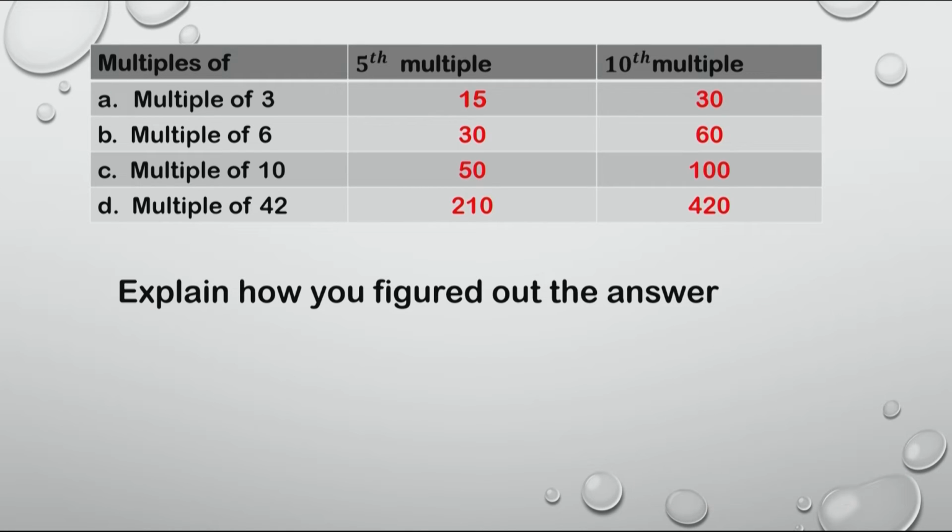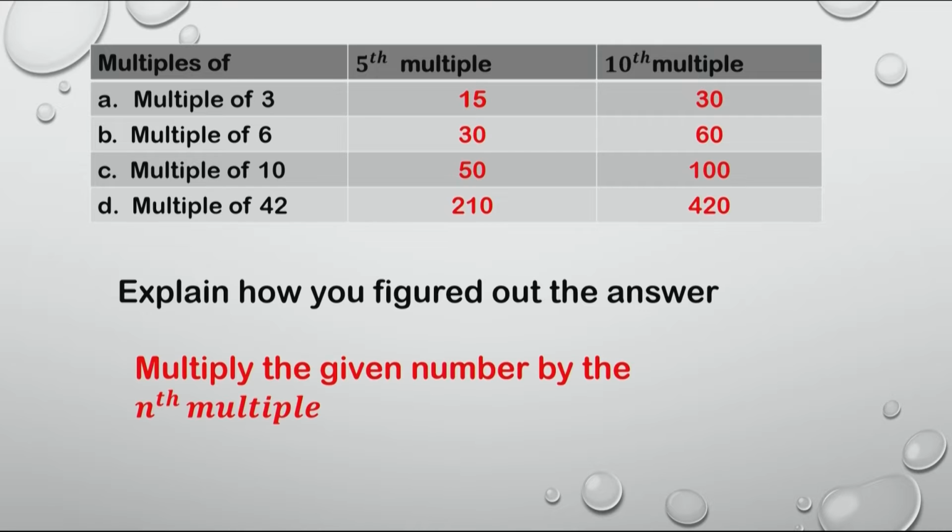Okay, so for those of you who thought about it and said multiply the given number by the nth multiple, remember at the beginning I said you may know by now that multiples are linked to the times table.